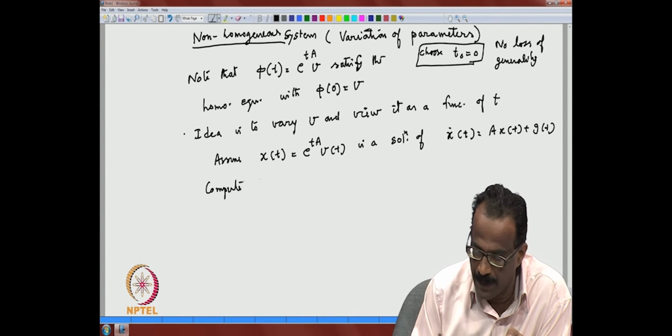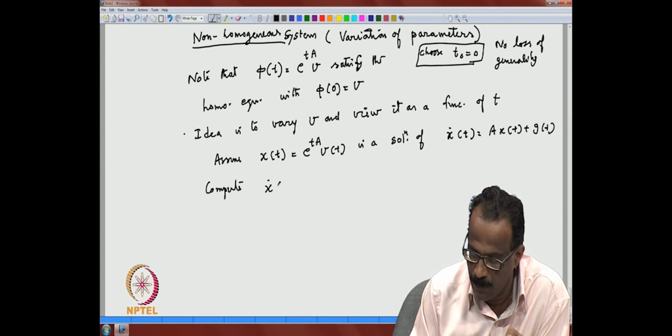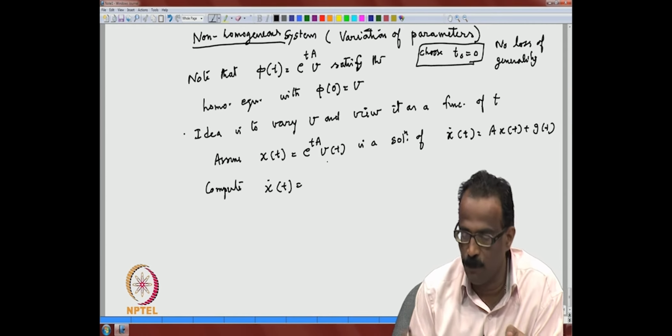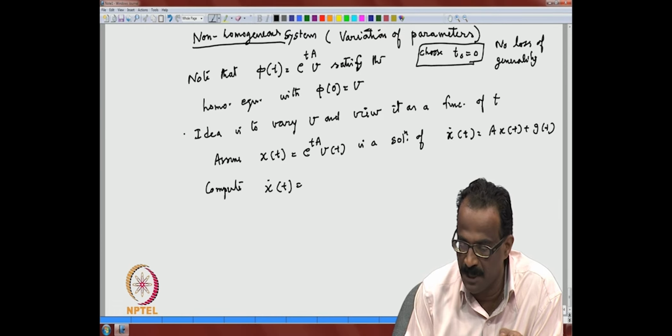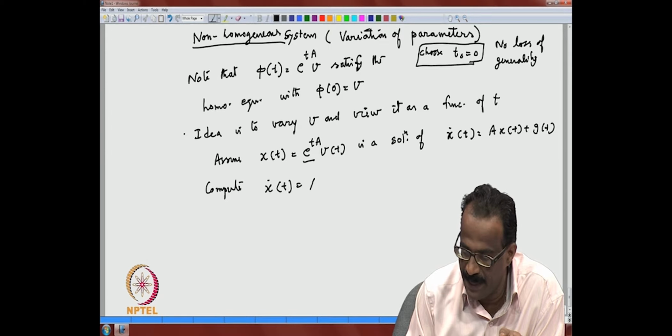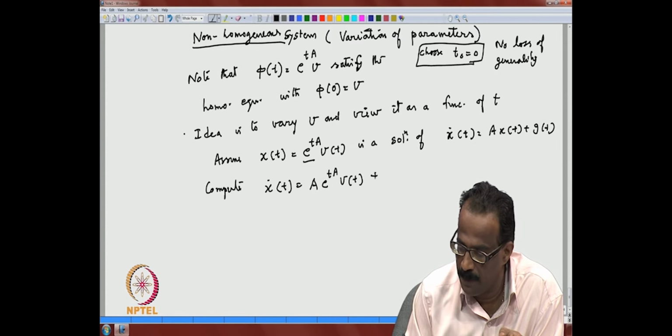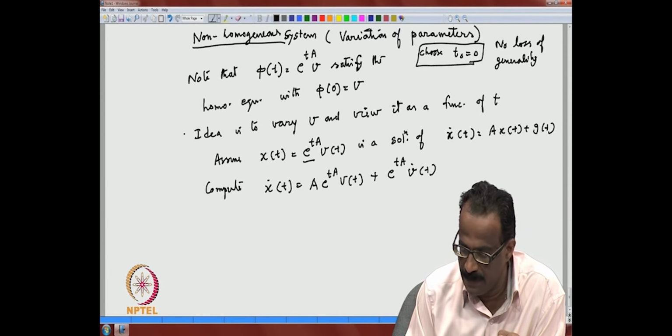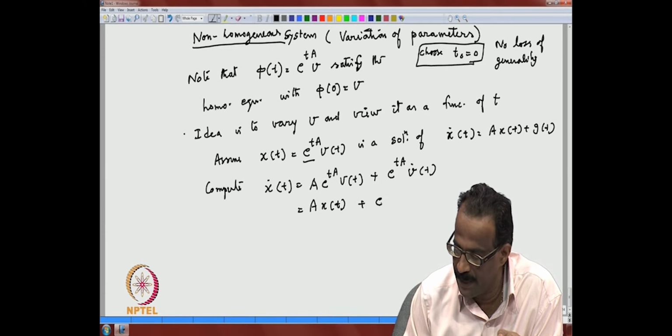Now, let us compute x dot of t. It is a product formula. Once you apply the differentiation to the first term, you get A e power t A V t, and if you apply it to the second, you get e power t A into V dot of t. This is nothing but your x t plus e power t A into V dot of t.